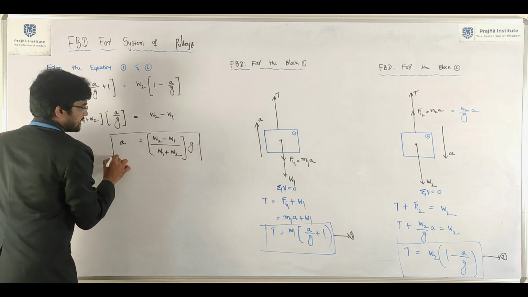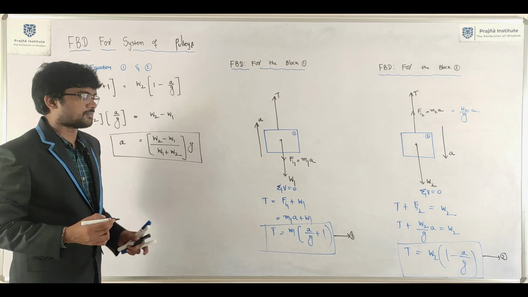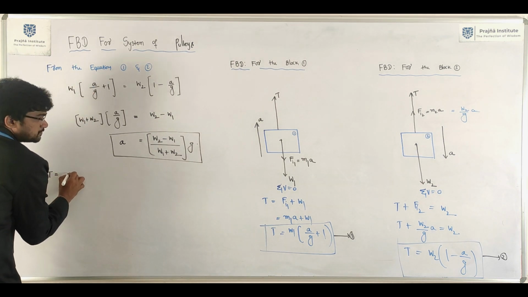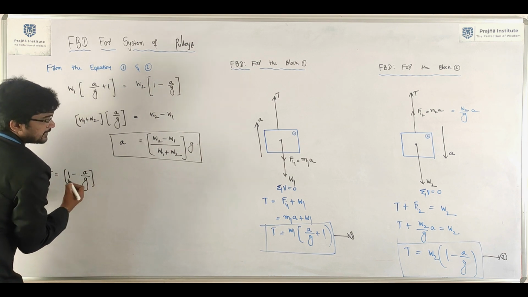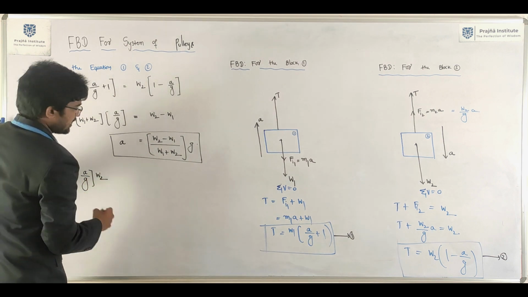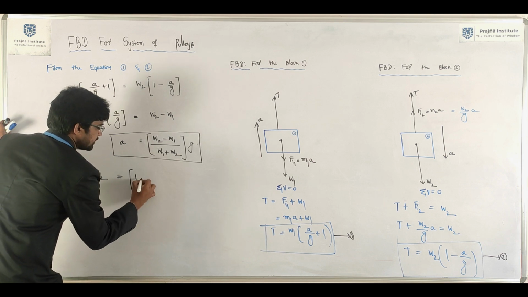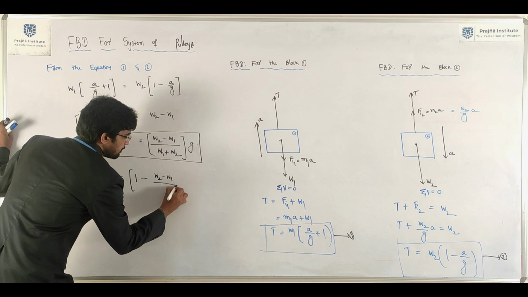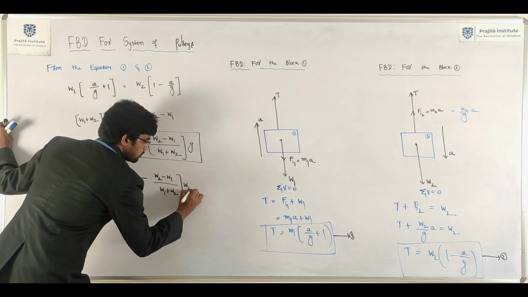This is the acceleration. Just substitute the acceleration in any one of the two equations. Now tension T equals (1 minus A by G) into W2, which equals (1 minus (W2 minus W1) by (W1 plus W2)) into W2.